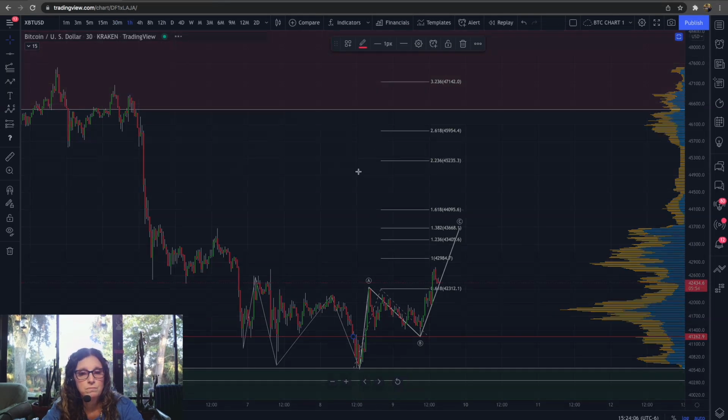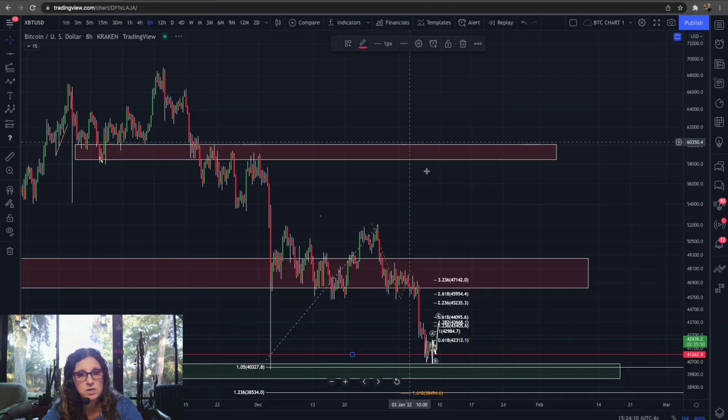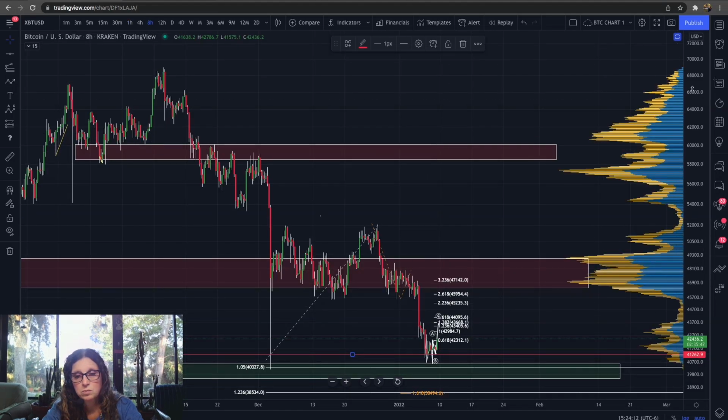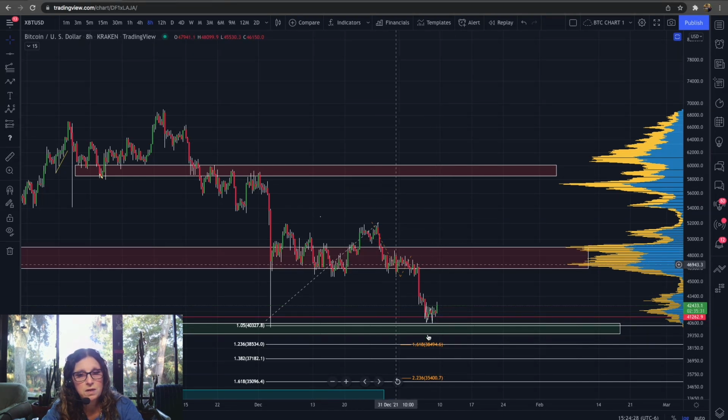Okay? And I'm still looking at this potential, if we do roll over, expanded B pocket hit right here. This is still on the table. It's just like the market to do it. Get everybody bearish.